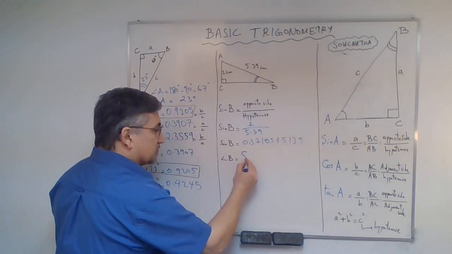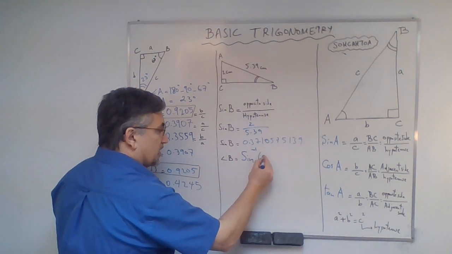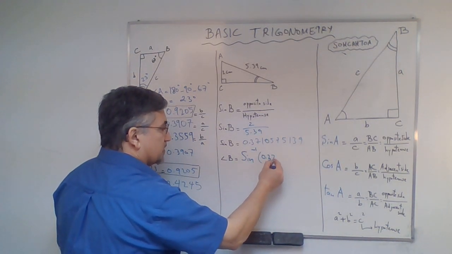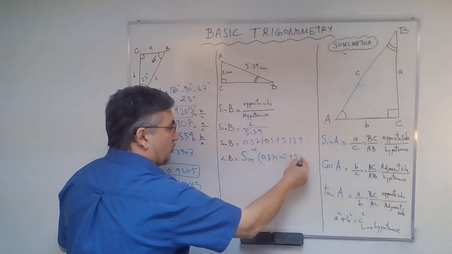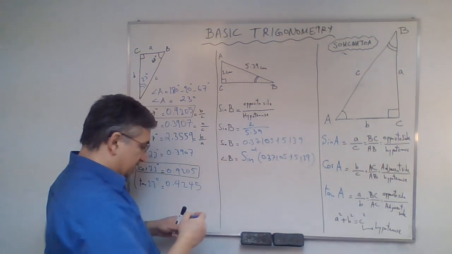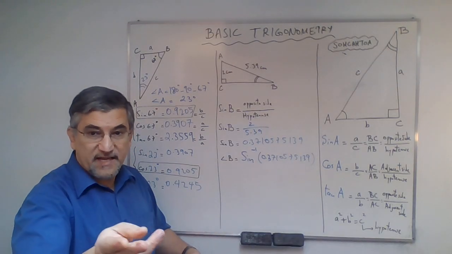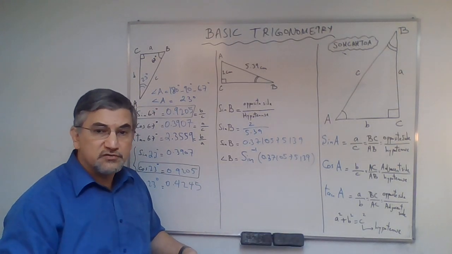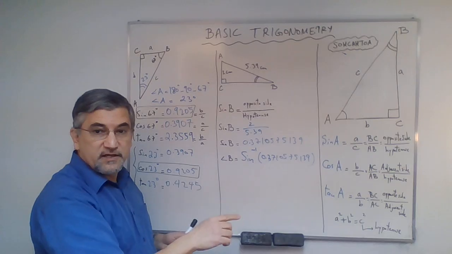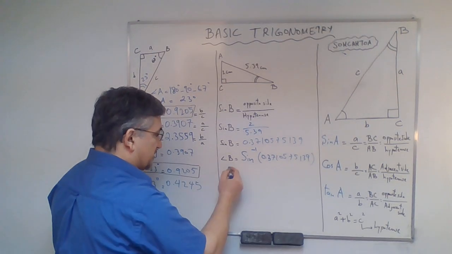And the symbol looks like this. Inverse sine of 0.37105, whatever the number is. And on the calculator, you have to press the shift button or the inverse button or the red button, whatever that is, depending on the model of calculator you're using. And then you press the sine. So that is inverse sine of this number.